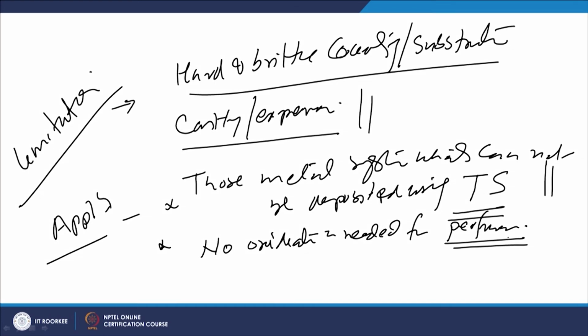Now, we will talk about another spray process, that is the arc spray process. In this arc spray process, the material may be in form of filler wire or powder.